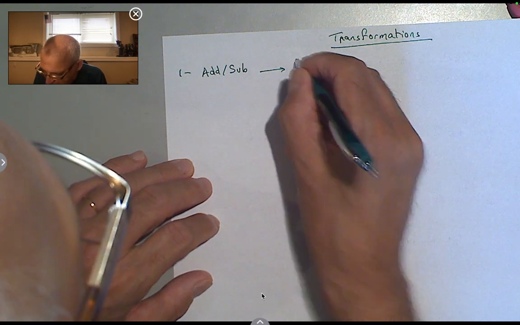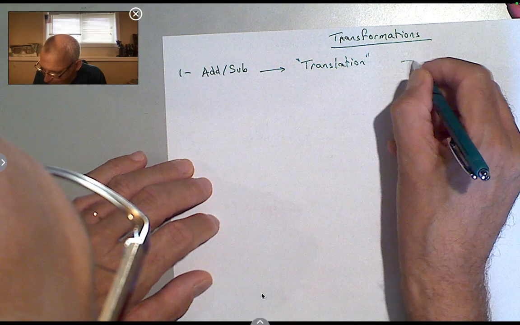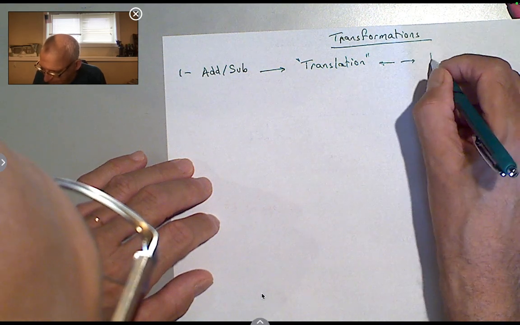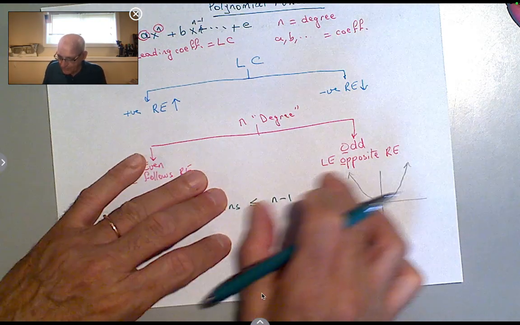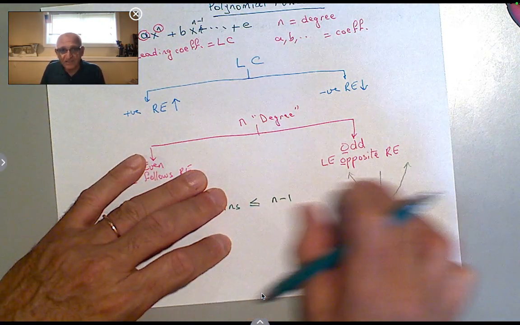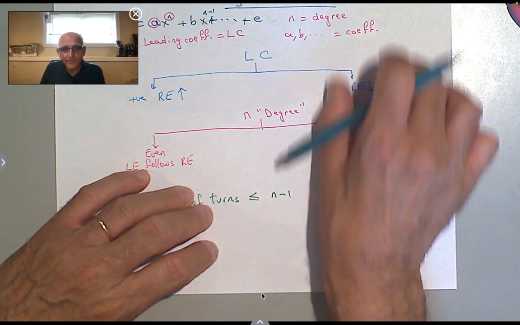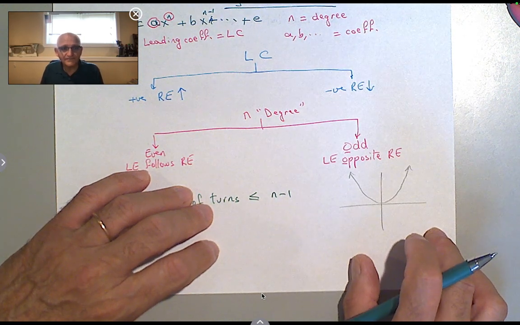So translations are either moving to the right or to the left, or up or down. So the whole graph, I can shift it right or left if it affects the x, up or down if it affects the y. Okay? So that's translation.